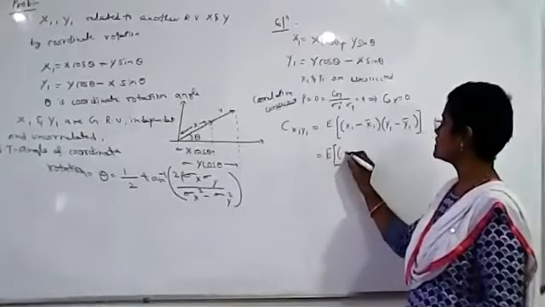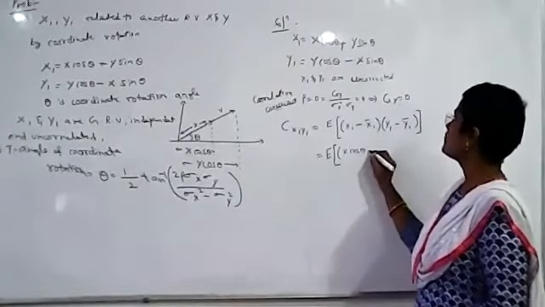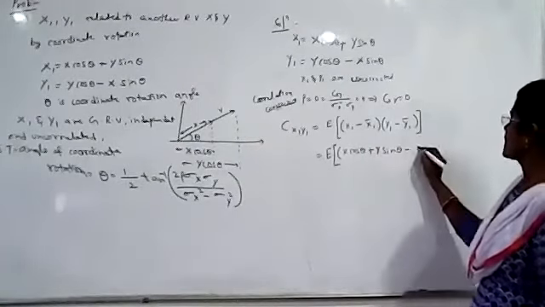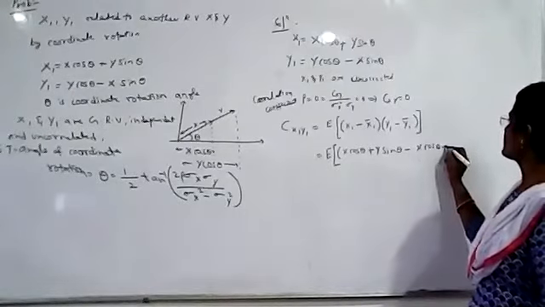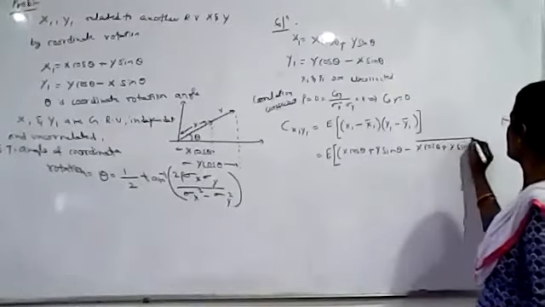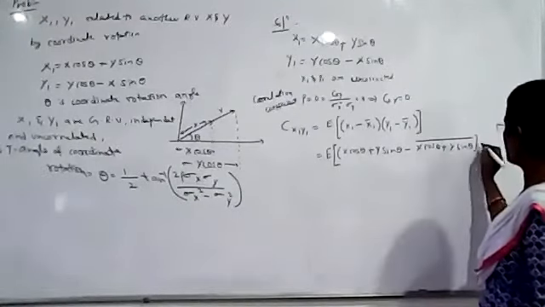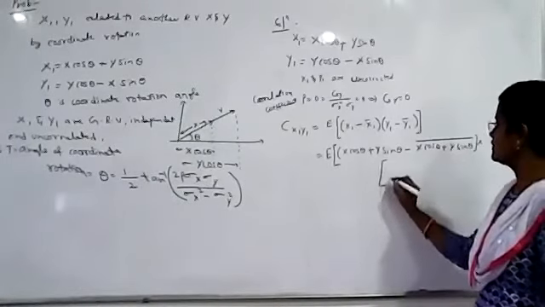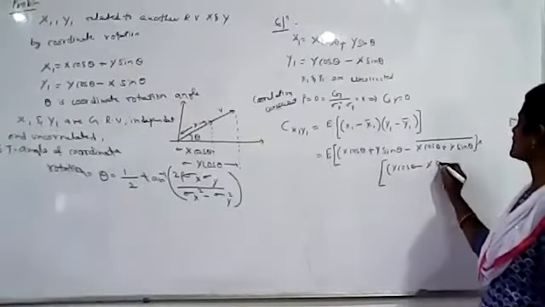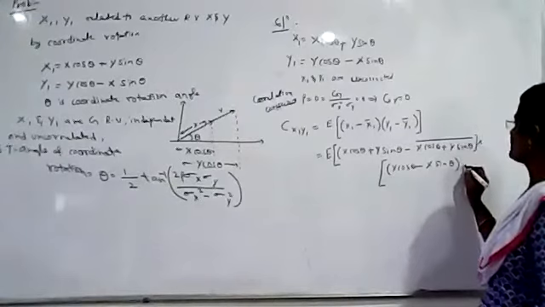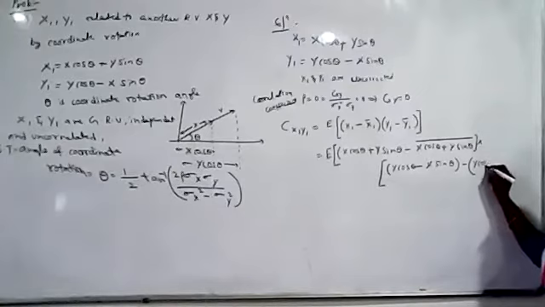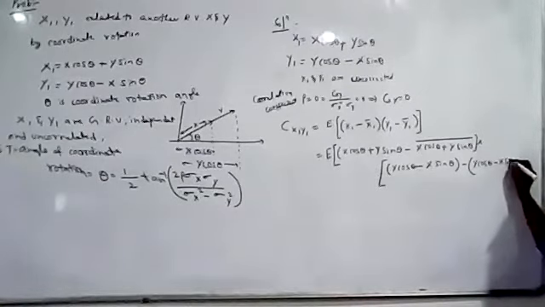What is x1? x1 is x cos theta plus y sin theta, minus what is x bar? x bar cos theta plus y bar sin theta, into what is y here? y is y cos theta minus x sin theta, minus y bar. What is y bar? y bar cos theta minus x bar sin theta.